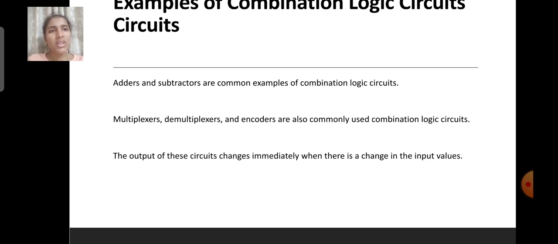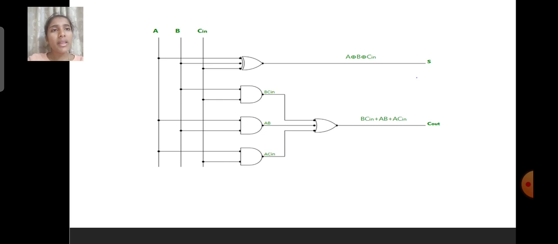The output of these circuits changes immediately when there is a change in the input values. This is an example of combinational logic circuits, and the second one is sequential logic circuits.